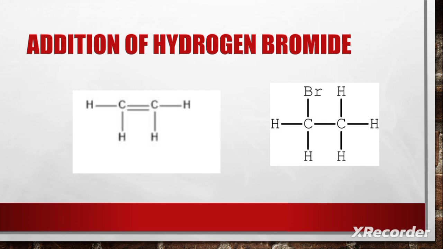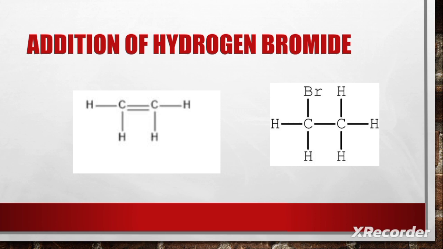Adding HBr or any other hydrogen halide, we cannot add as we feel, right? There is a rule for addition of any hydrogen containing compound to an alkene or alkyne. That is Markovnikov's rule. We will discuss Markovnikov's rule in detail in another video.